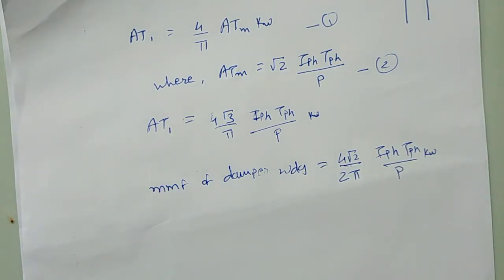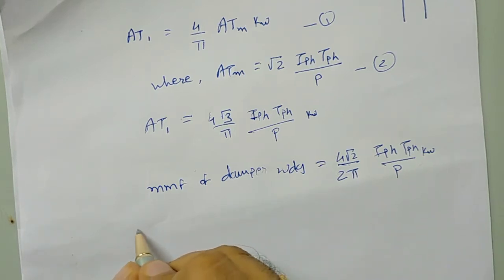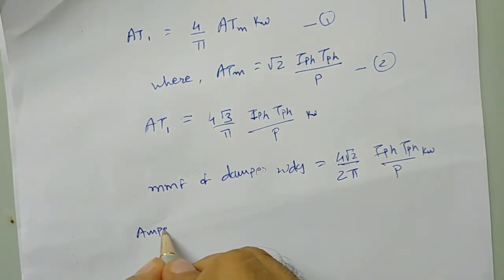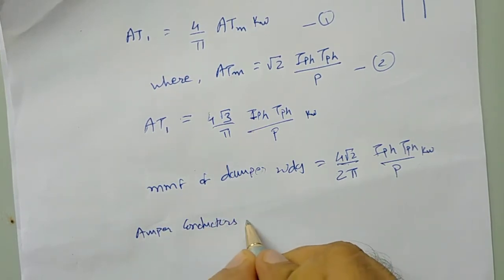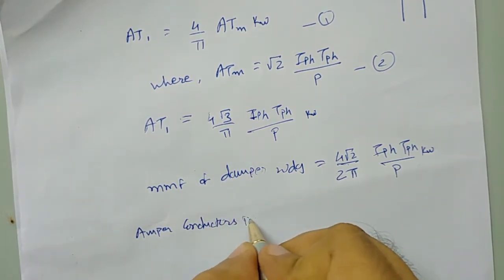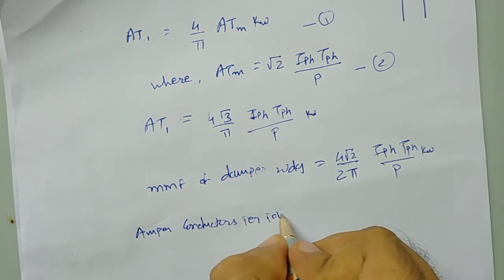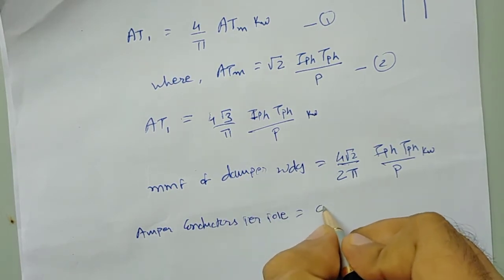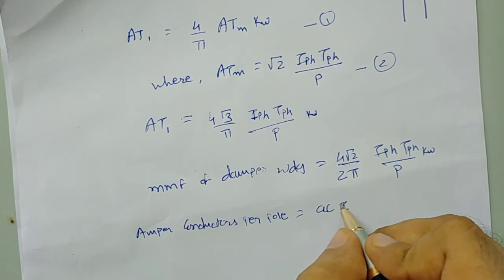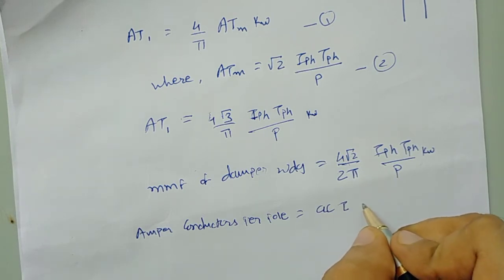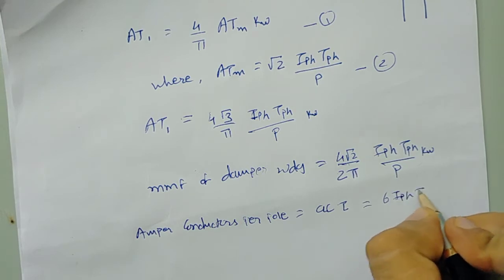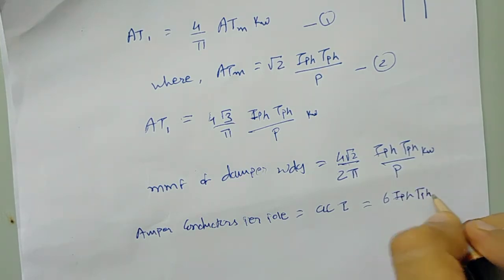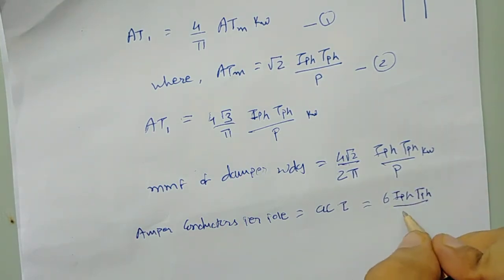Now the ampere conductors per pole is given by one simple equation: ampere conductor into tau, the pole pitch, is equal to 6 Iph Tph divided by the poles.